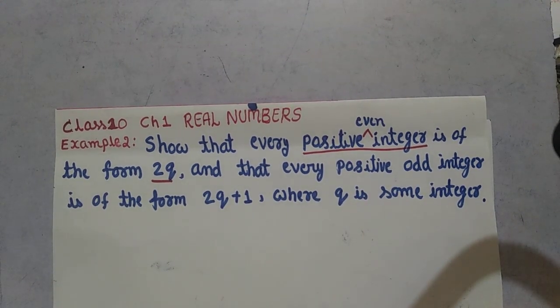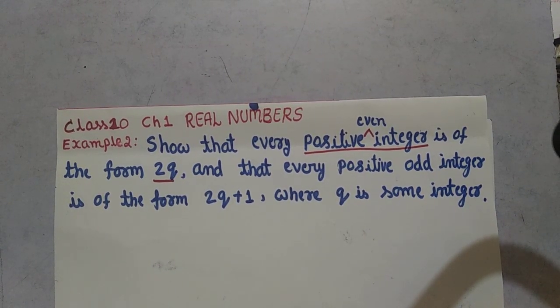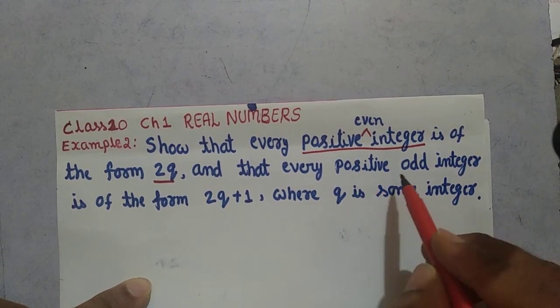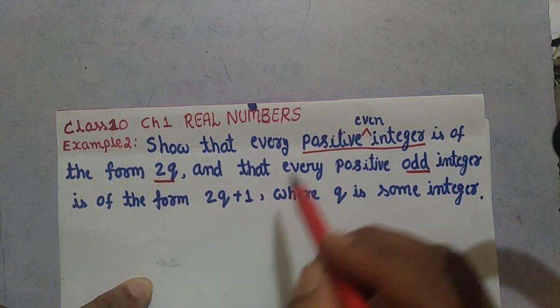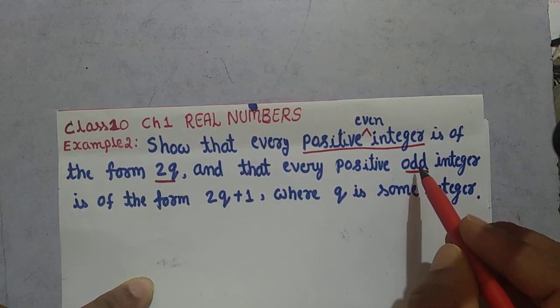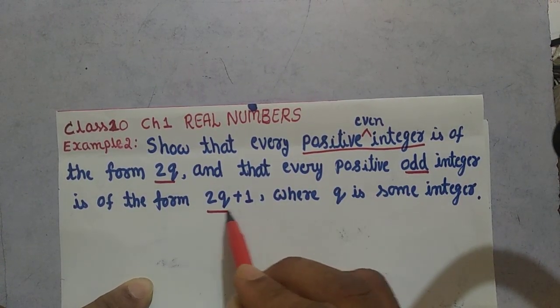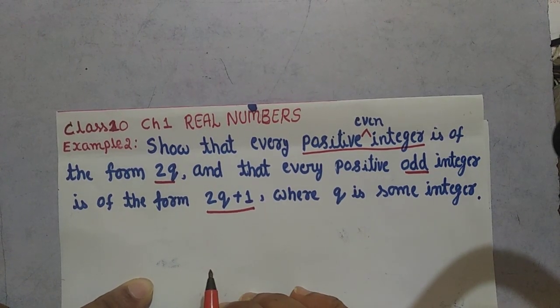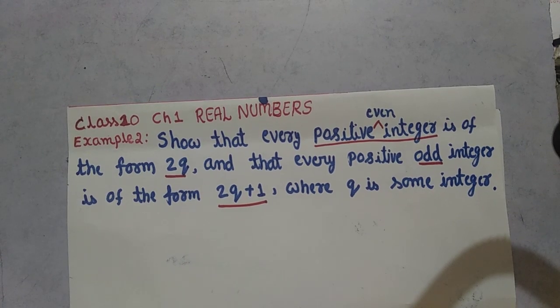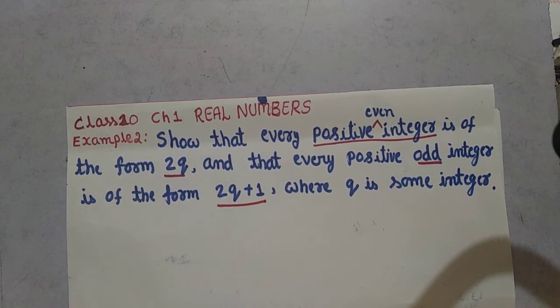Here the two types of numbers we need to prove are positive even integers and positive odd integers. Even integers are in the form of 2q and odd integers are in the form of 2q plus 1, we need to show. This we can prove by using Euclid's division lemma.